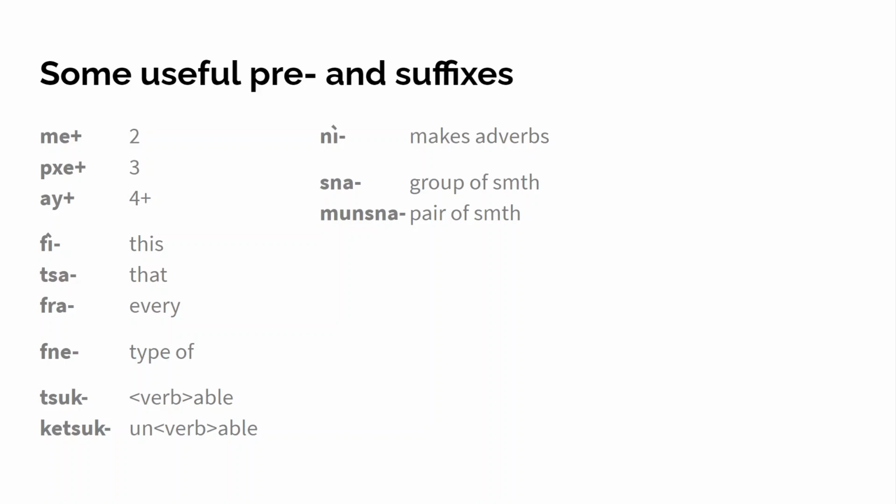Munsna is a pair of something, for example, munsna hauen ven, a pair of shoes. Tsiep is a diminutive, so something cute, little. Fgeik is the condition of, so nantang fgeik would be the condition of the nantang. O means some, so for example, tute, person, can become tuteo, someone or some person.